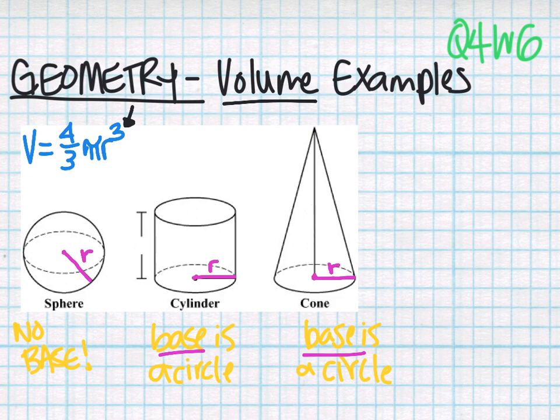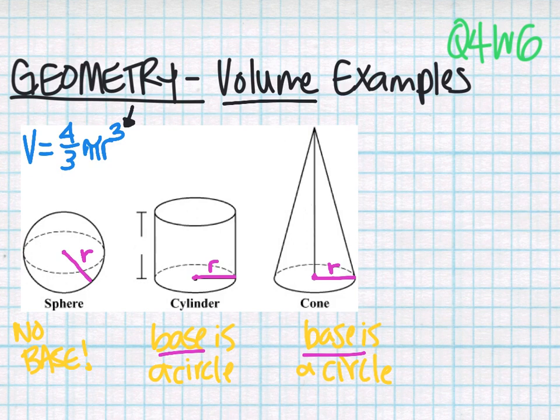The other two shapes are not going to have a cubed on their radius because we're going to multiply by the height of each of these others. So they won't look the same as the volume formula for the sphere.